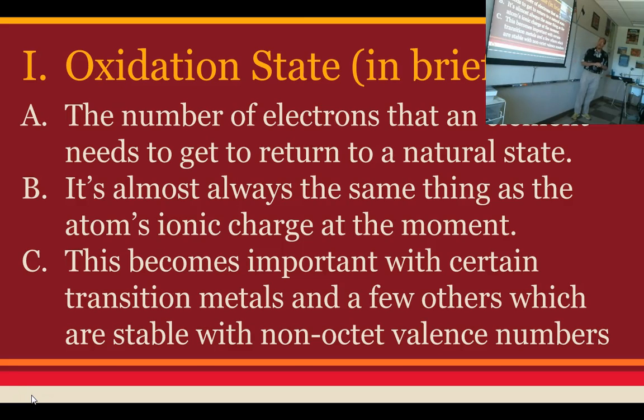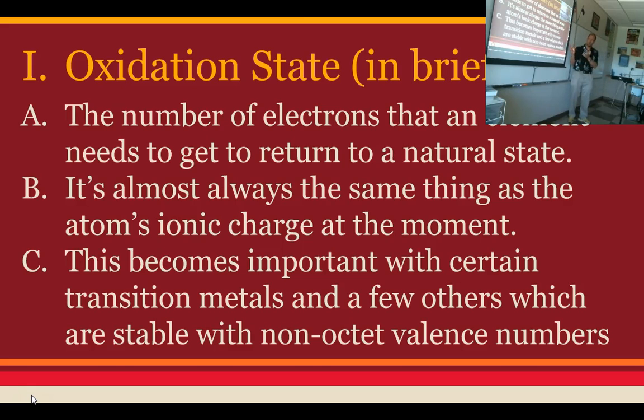So when you look at an atom's oxidation state, you're asking the question, how many electrons has it lost? Or you could ask, how many electrons does it need to return to a natural state or a neutral state? So if you pick fluorine, for example, fluorine likes to get electrons. It really, really badly wants one more electron to make itself happy because it wants a valence energy shell to be full, right?